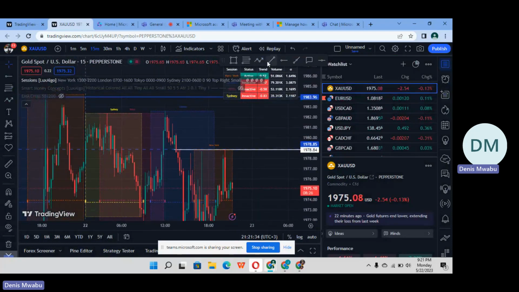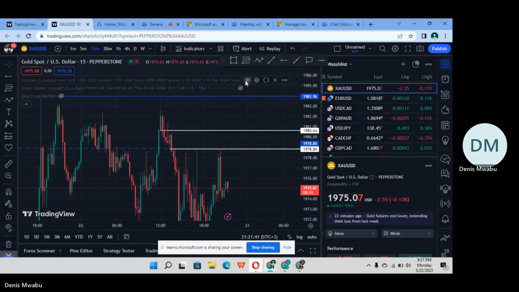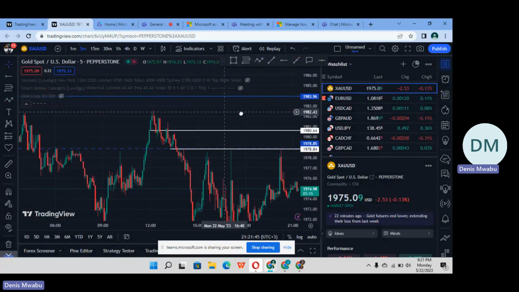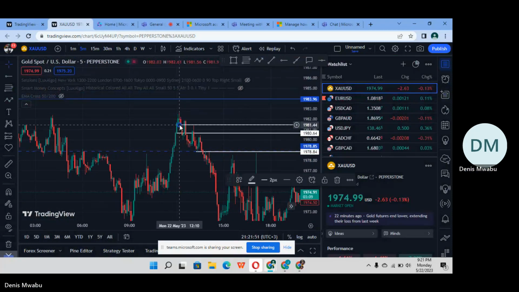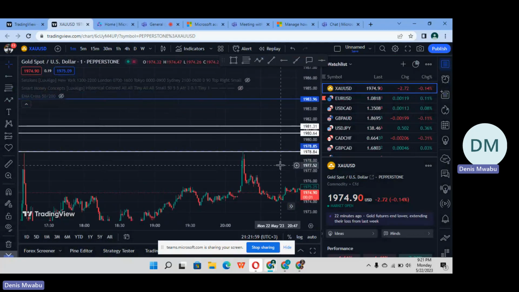I can see another supply zone here on the 15 minutes time frame. Let me switch off the sessions indicator. Then when I come to the 5 minutes time frame, I can see this one also is a supply zone.